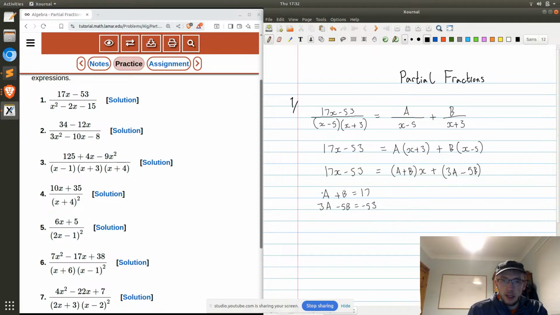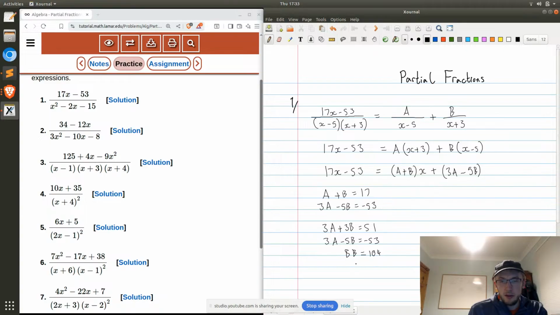So I'm going to multiply the top one by 3, and I'll leave the bottom equation alone. And then I'll do the top equation minus the bottom equation. So I'm going to have 8b is equal to 51 plus 53, which is 104.